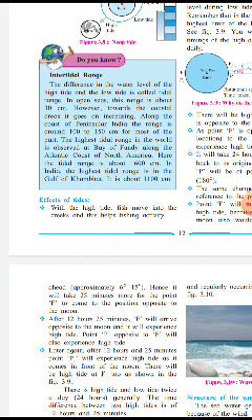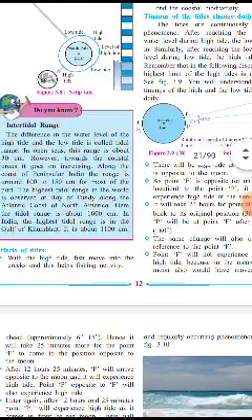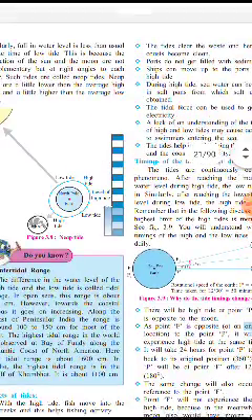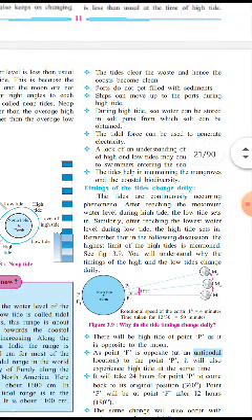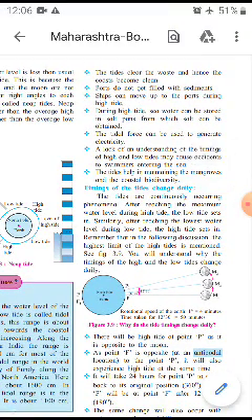See, with the high tide, fish move into the creek, and this helps fishing activity. The second effect of tide is the tides clear the waste and hence the coasts become clean. Then ports do not get filled with sediments.